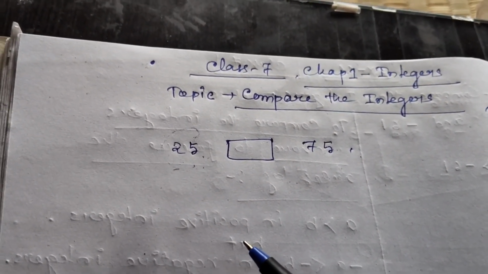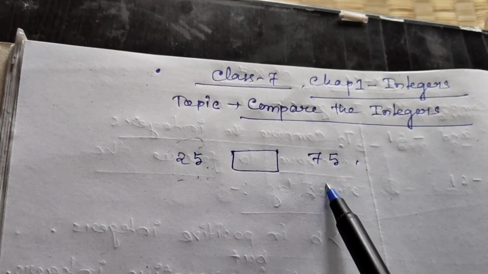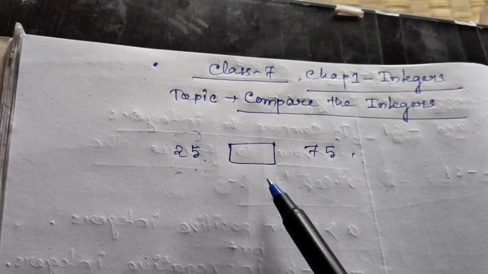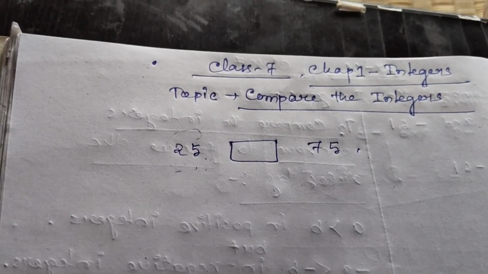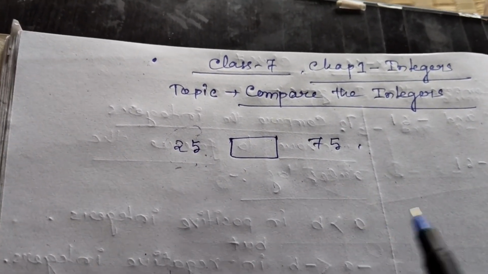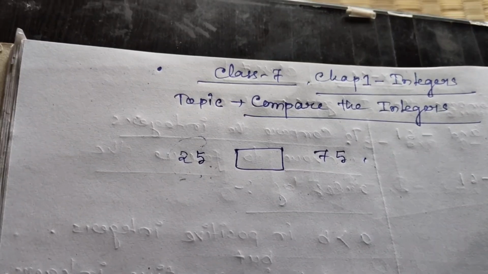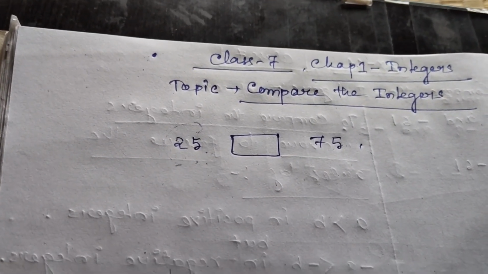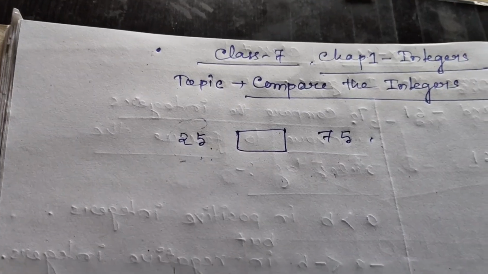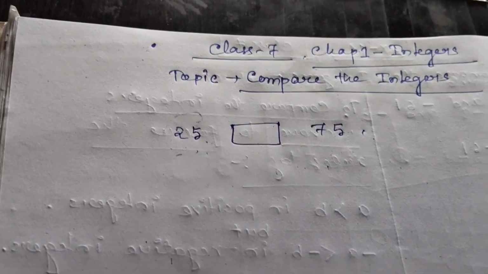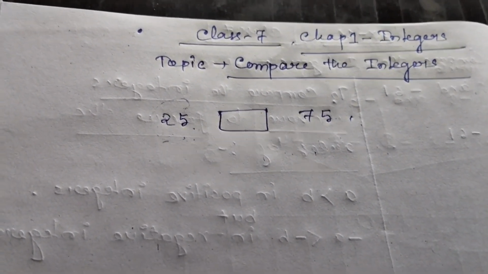You can see both the integers are positive, right? In the case of comparing positive integers, we have to follow some basic rules.